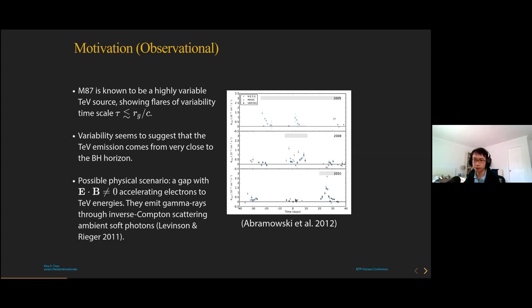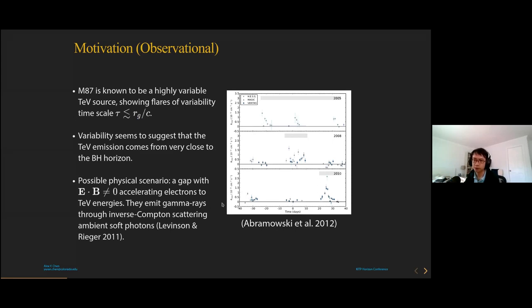All of these vary on the order of several r_g over c. And in 2008, during these flares, there's also brightening of the core in X-ray and in radio as well. So there's another piece of evidence that could potentially point to the emission coming from very close to the black hole.